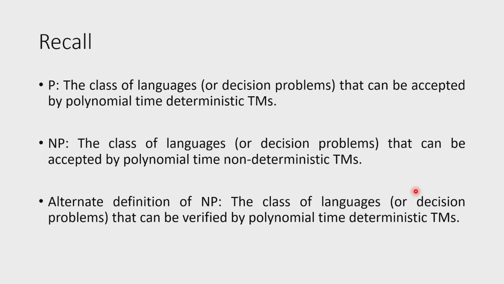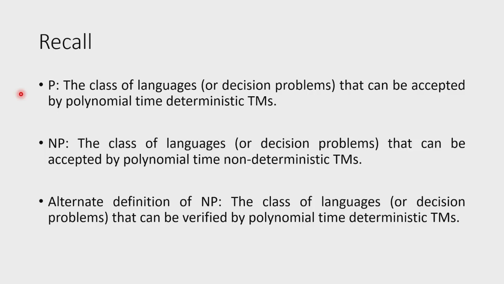I have a doubt regarding the use of the term accepted. Accepted by the polynomial time deterministic Turing machine: does it mean decided? Wherever the term accepted is written here, can we replace it by decided, because acceptance gives a feeling of recognition? I think you can use accepted, recognized, decided almost interchangeably.